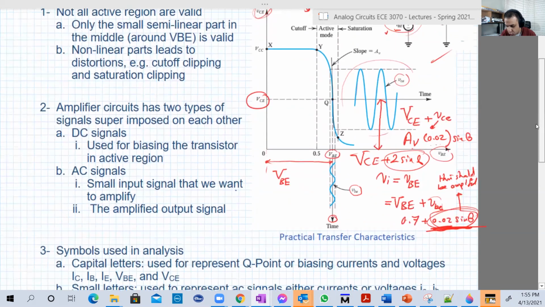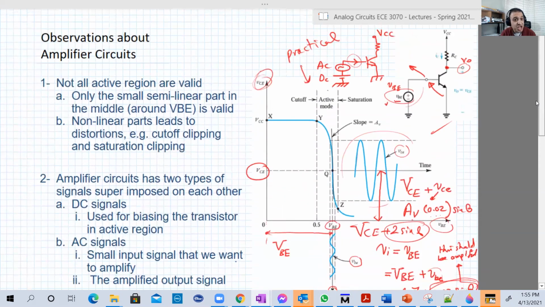So basically in amplification circuits, you have AC and DC at the same time all the time. And to make our life easier, we're going to analyze the circuit two times, one with the DC portion and one with the AC portion.